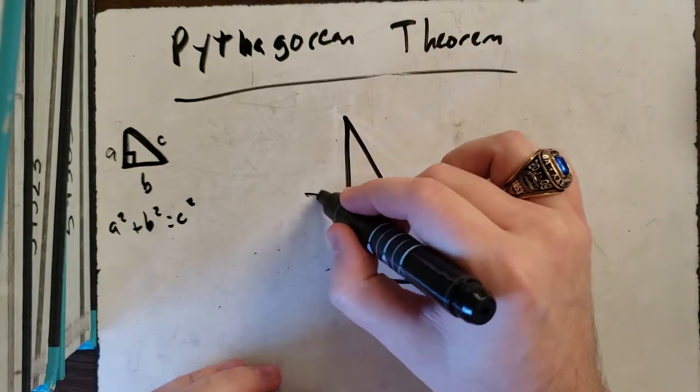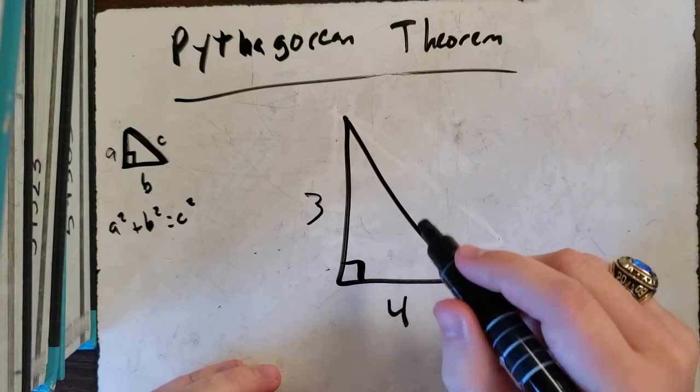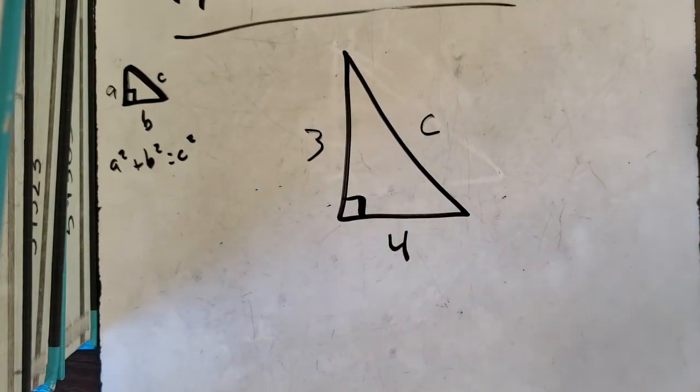So if this side is 3 and this side is 4, what's this side going to be? That's what we're going to try to figure out. So we plug it into our formula and just see what it is, okay?